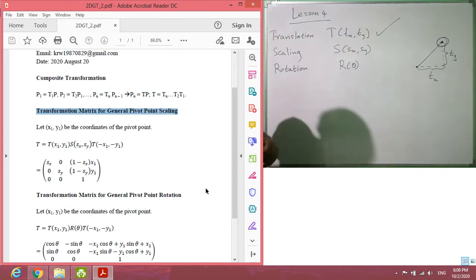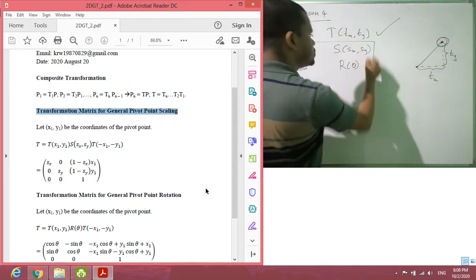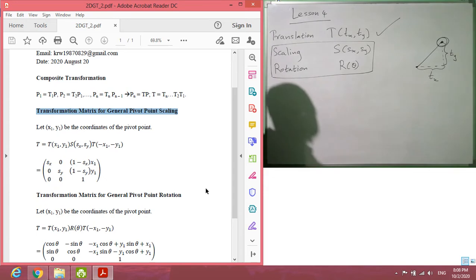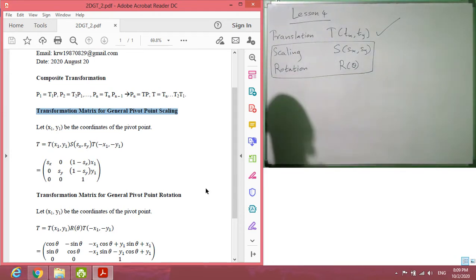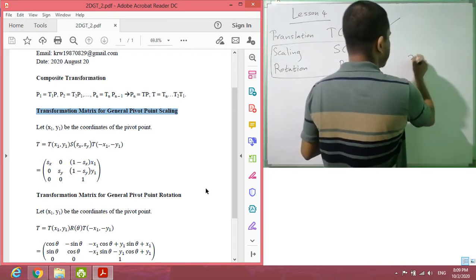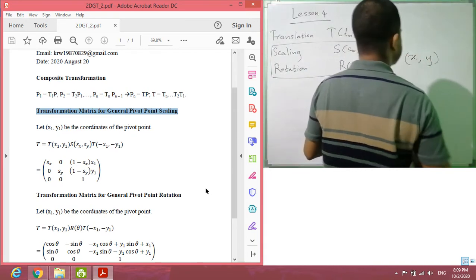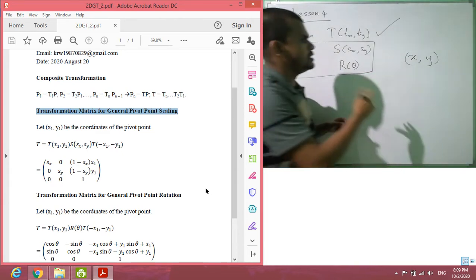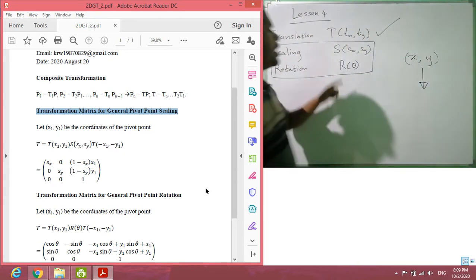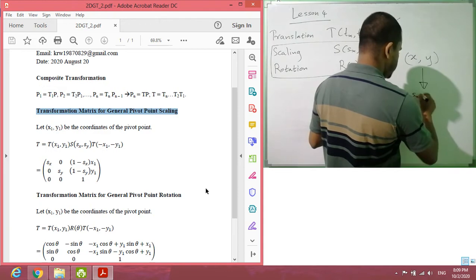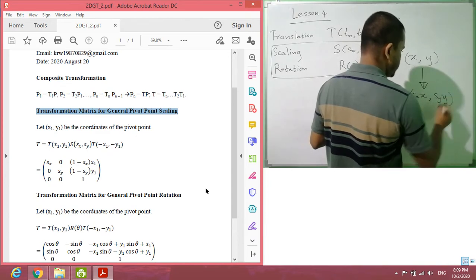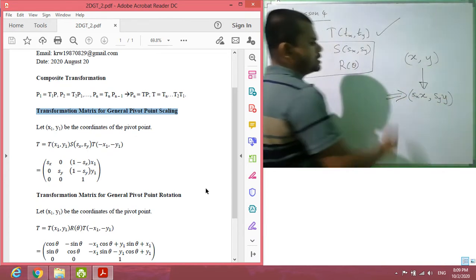That is okay, but when we consider these two transformation matrices, for scaling we have x comma y, the initial coordinates. When we apply this matrix, you will get sx into x comma sy into y. This is the coordinates of our new point.